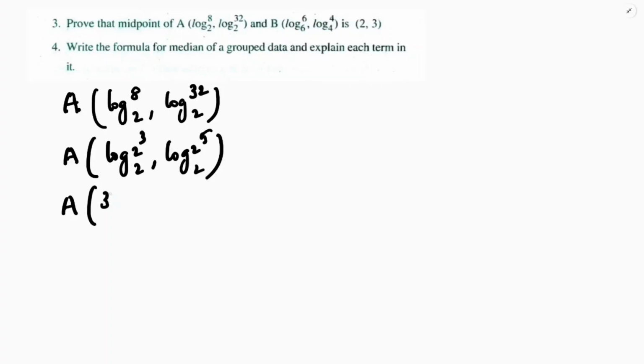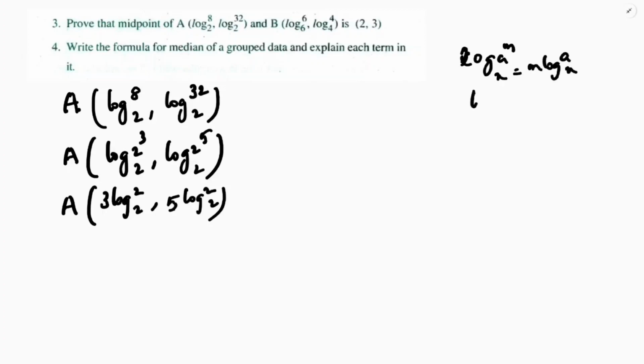So A is nothing but 3 log 2 to the base 2 and 5 log 2 to the base 2. Here I'll use the logarithm of power: log A power m to the base x is m log A to the base x, and log A to the base A is 1. So this is 3 times 1 comma 5 times 1. So the point A is 3 comma 5.